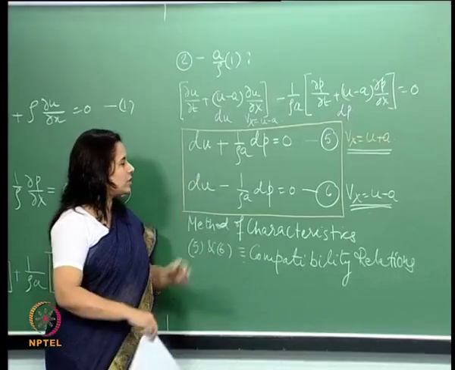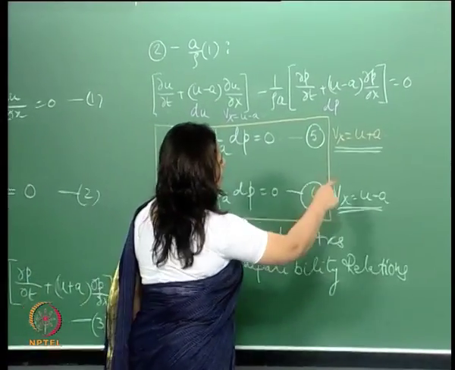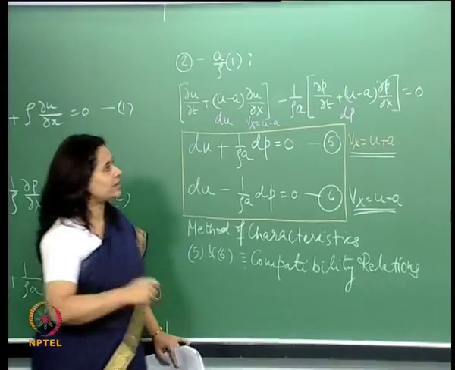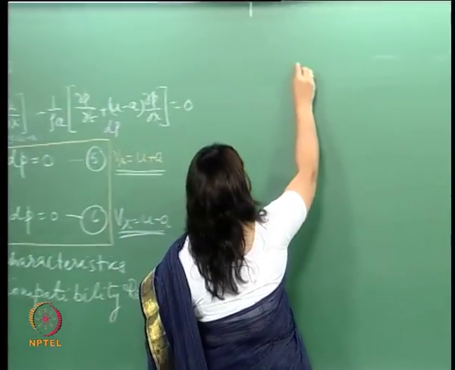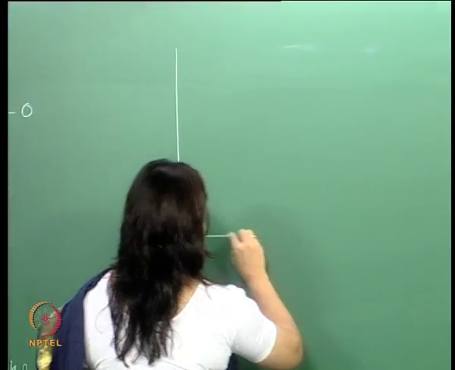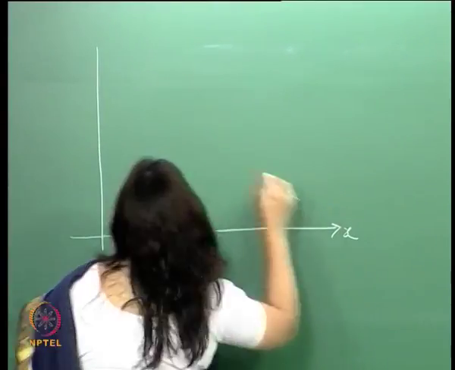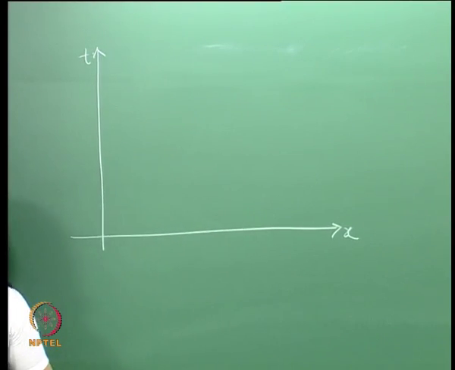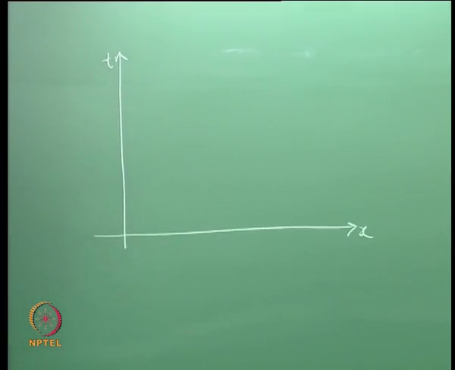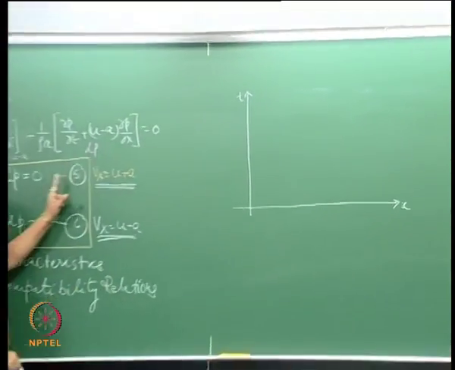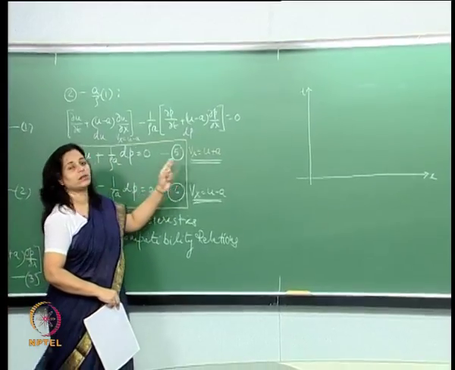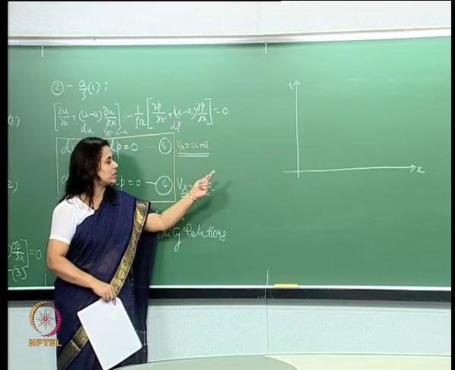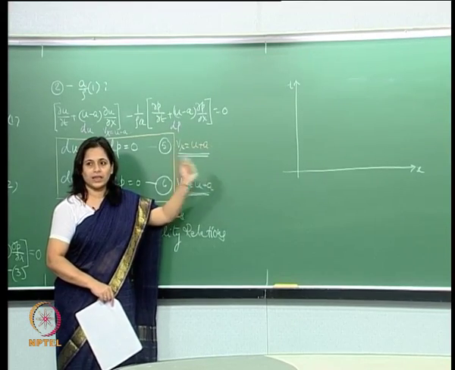So if the solution lies on, say, u plus a, and if I plot the dx dt plot, recall what we did last time: the solution lies on a certain line, and along that line the particle velocity is what we are trying to plot in the xt diagram.